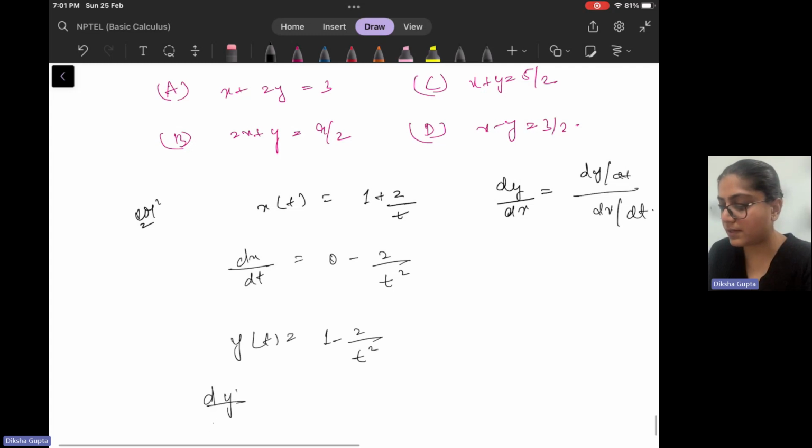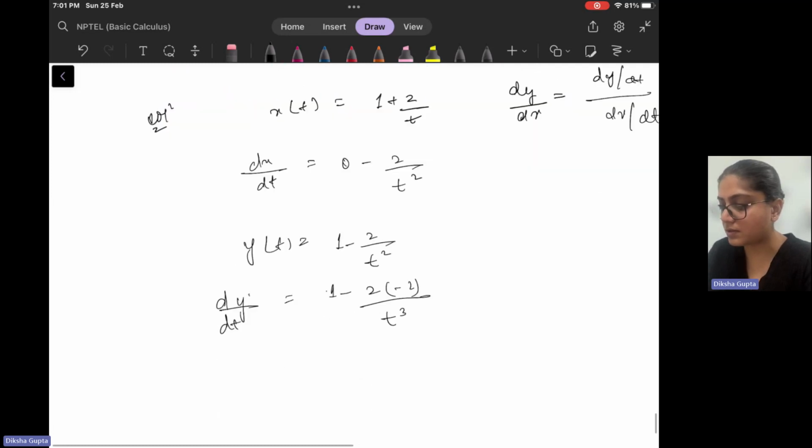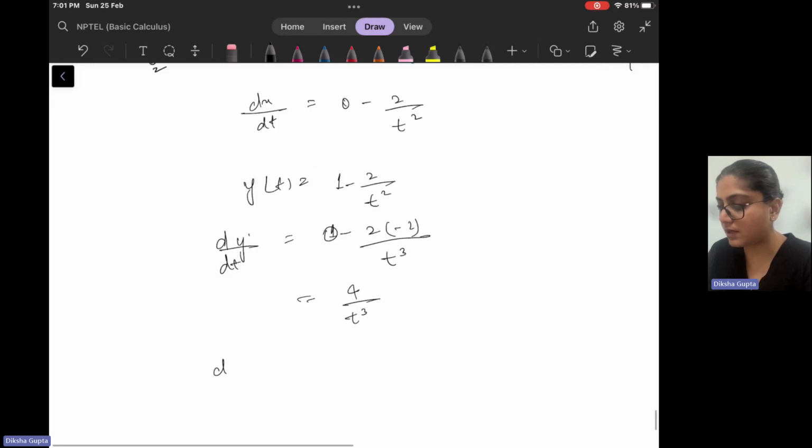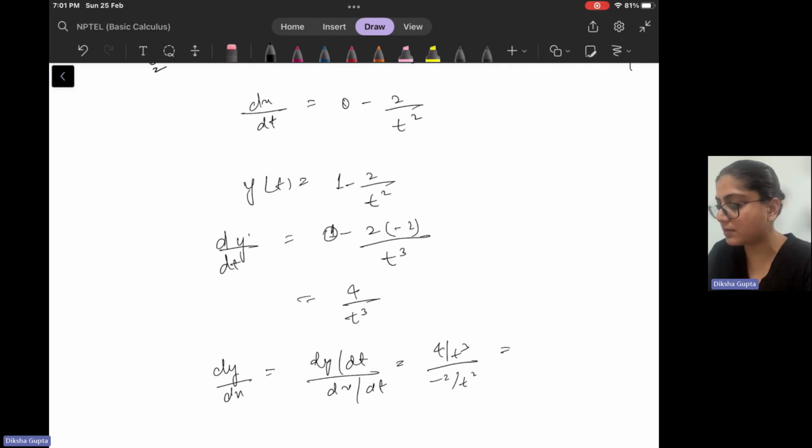So dy by dt is 0 minus 2 into minus 2 upon t cube, so this is 4 upon t cube. So dy by dx is dy by dt upon dx by dt. This is 4 by t cube divided by minus 2 by t square. So this becomes minus 2 by t.